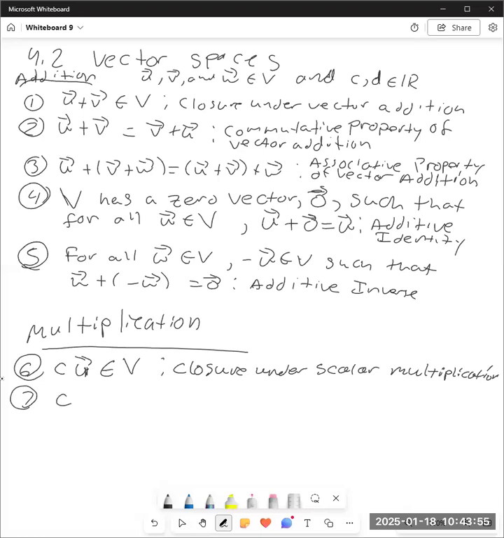C, which is a constant, times the sum of U plus V, is the sum of the constant times U and the constant times V, which is the distributive property that I'm sure you know about.